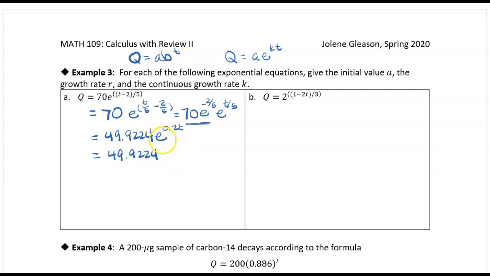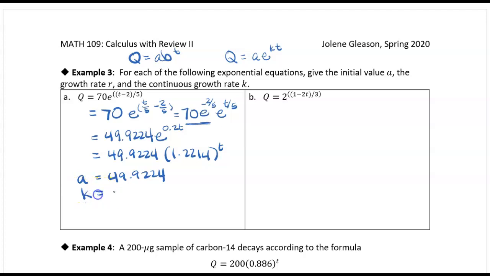All right, so let's calculate e to the k, e to the 0.2 power. I get 1.2214 to the t. Okay, so now I know that a is equal to 49.9224. I know r, well, let's list out k first.